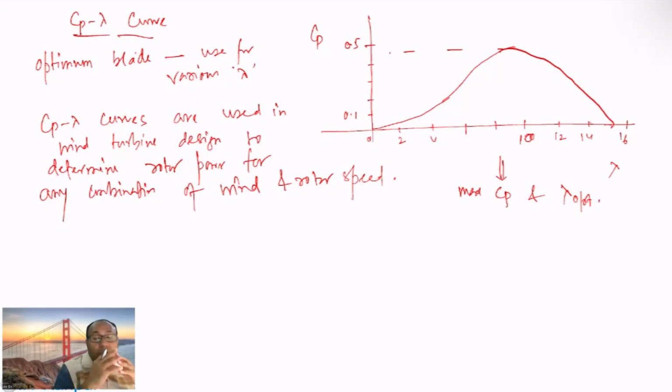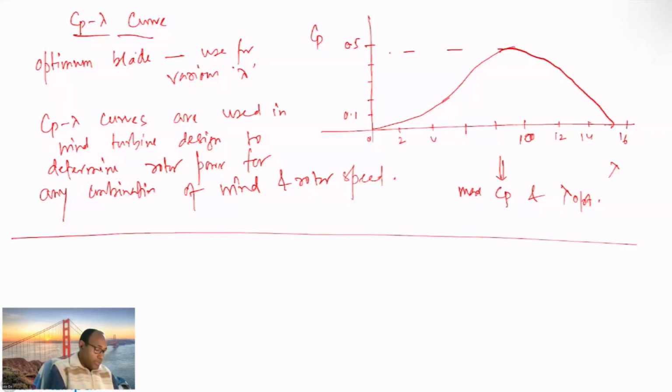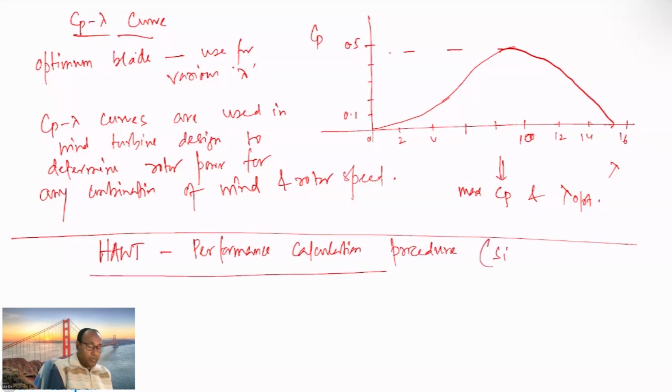Okay. What we can look at is some horizontal axis wind turbine performance calculation procedure, which is a simplified version of that.